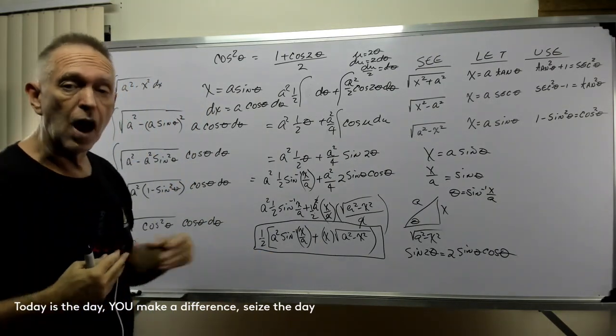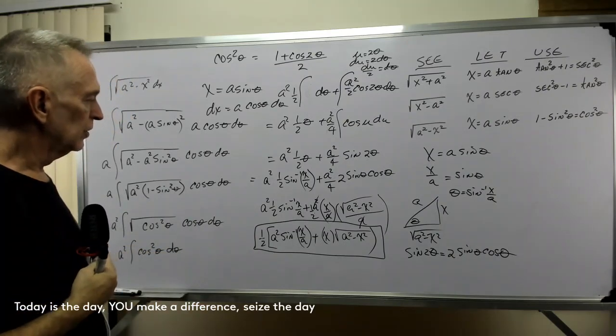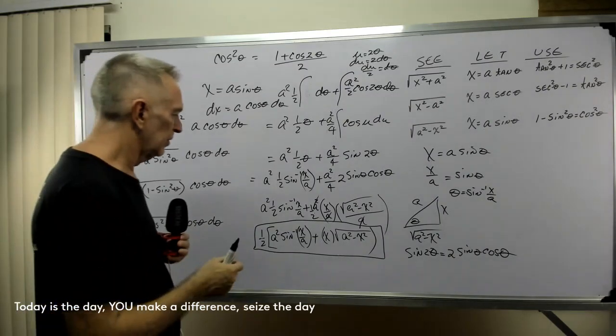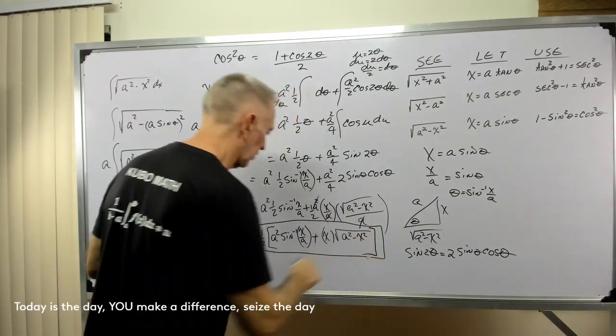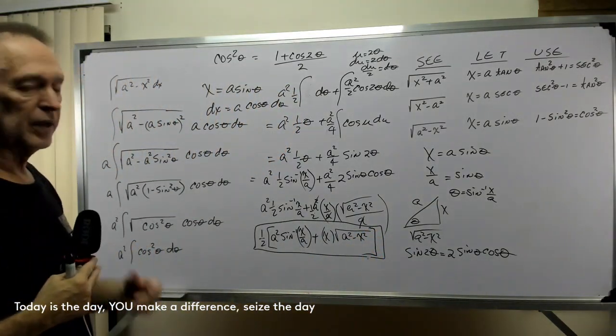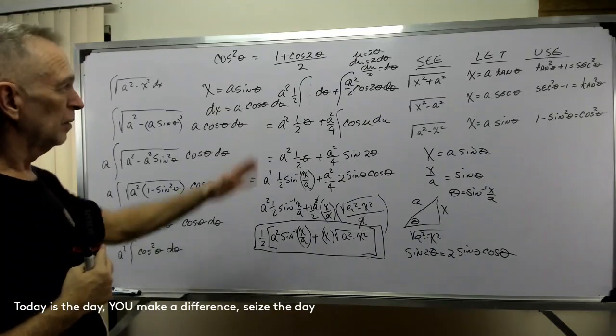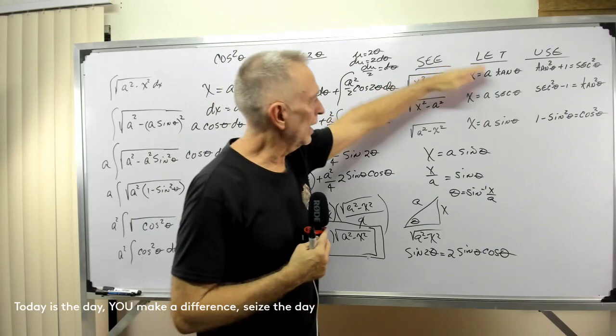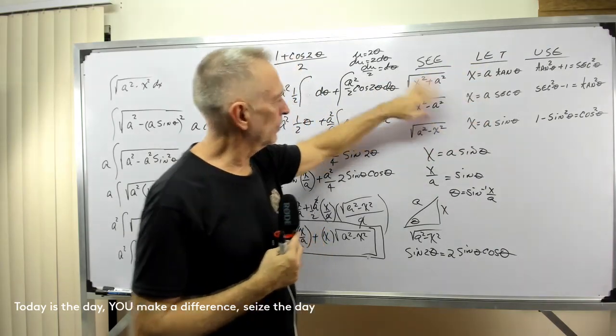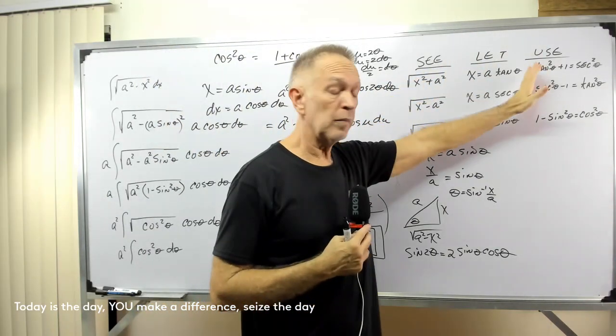Now this is a common one to see. If you can remember, commit this to memory, or at least know where to get it, it becomes handy for you. But this general concept, if you see these, let x equal one of those, whichever thing you've seen, and then you'll ultimately use that.